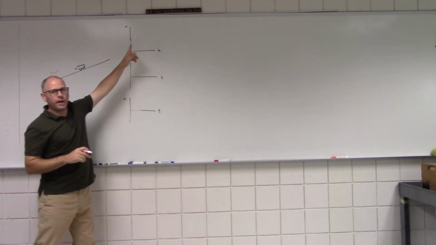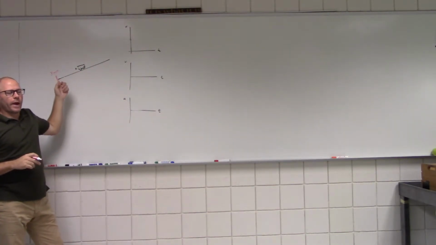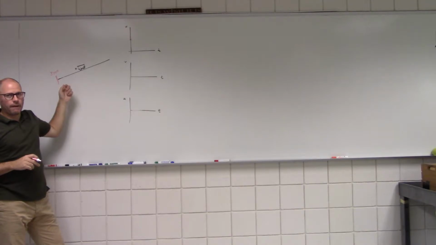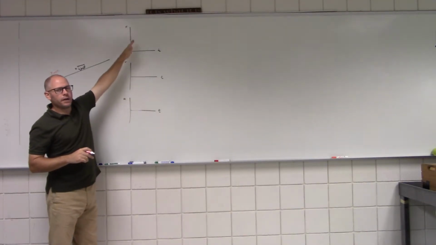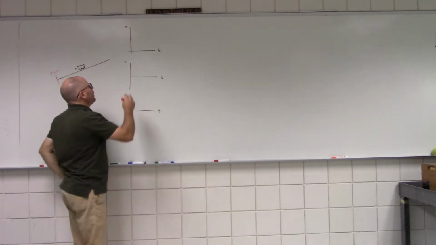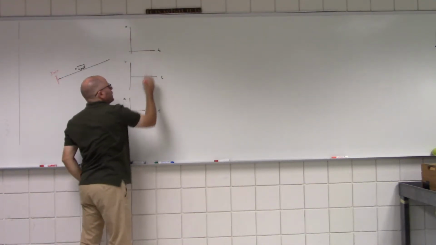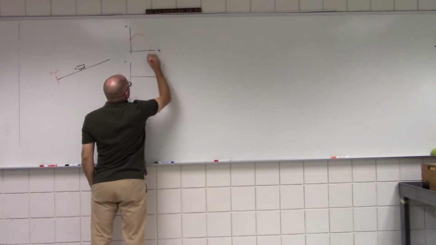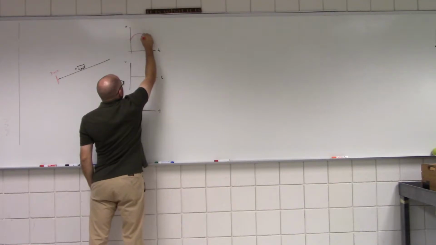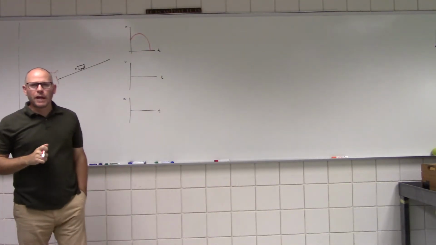Because it's the position graph and the ramp is here, ramp equals constant acceleration. So this is linear, this is horizontal, linear, this one's a parabola. Starting position is here, ending position is at the zero. What does it have to look like? So it's got to be a parabola.